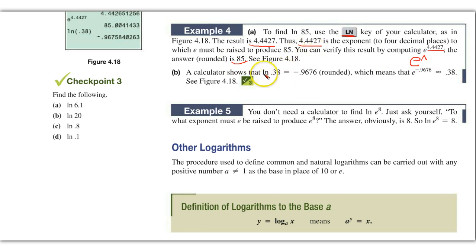And let's try this one now. Natural log 0.38, close the parenthesis, enter. It should give you a negative exponent, rounded, that if you put that as e, caret, to this, including the negative, you get approximately 0.38 rounded.